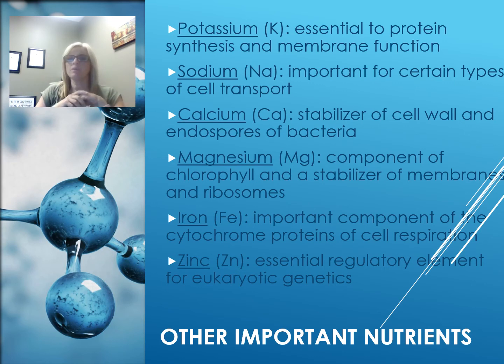Magnesium is a very important component of chlorophyll and also can stabilize membranes and ribosomes. It's important in our body for things like muscle cell contraction. Iron is important for cytochrome proteins of cell respiration. Zinc is a really important regulatory type element that eukaryotes use.